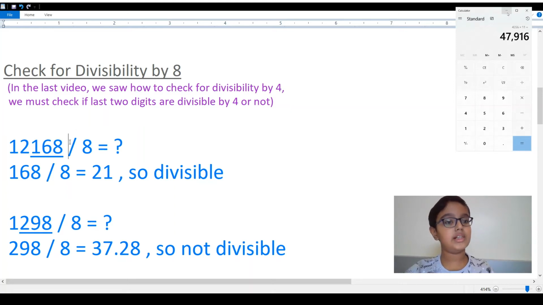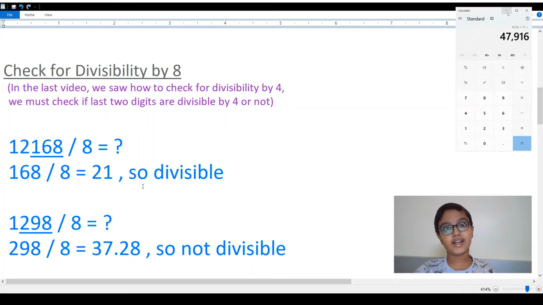For example, is 12168 divisible by 8? The last three digits of 12168 are 168. So we will divide it by 8 and see if it is divisible.